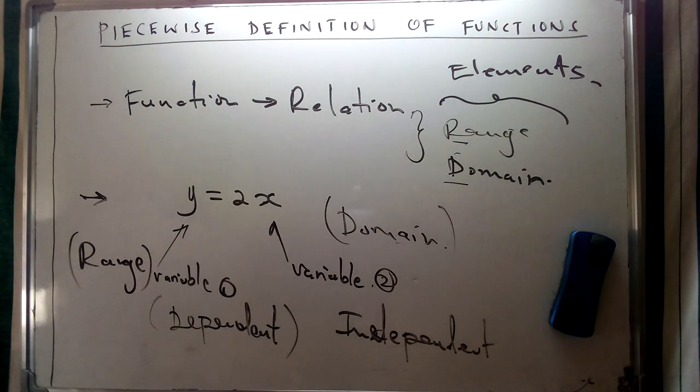So this can help us define a function, whereby this special type of relation assigns each element in the domain to exactly one element in the range, and that gives us our relationship.